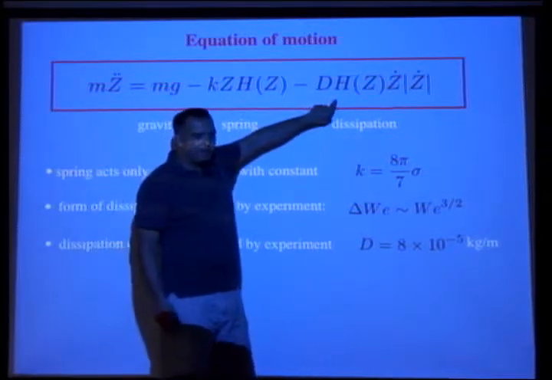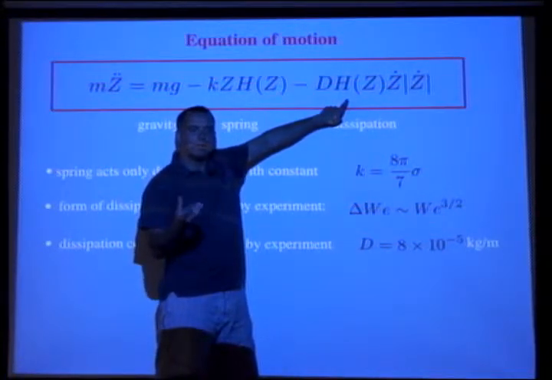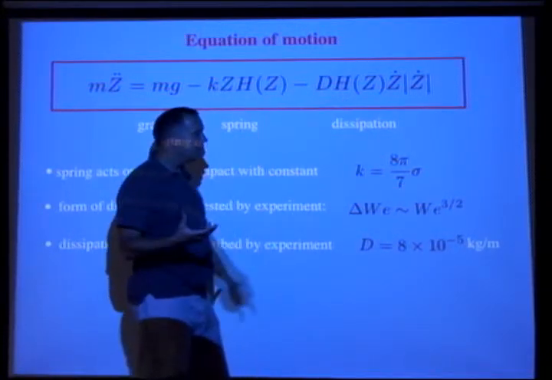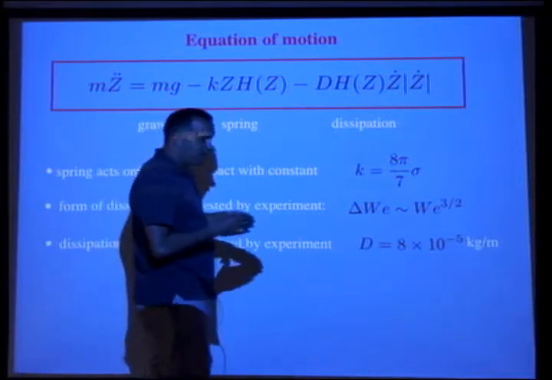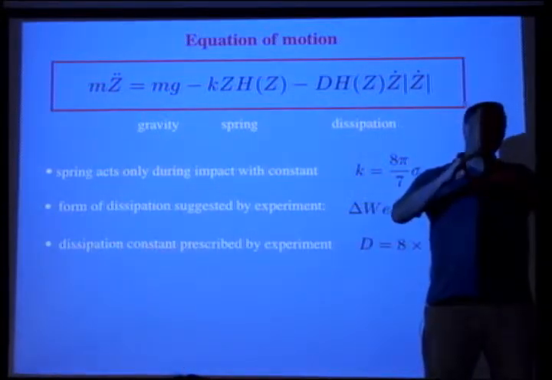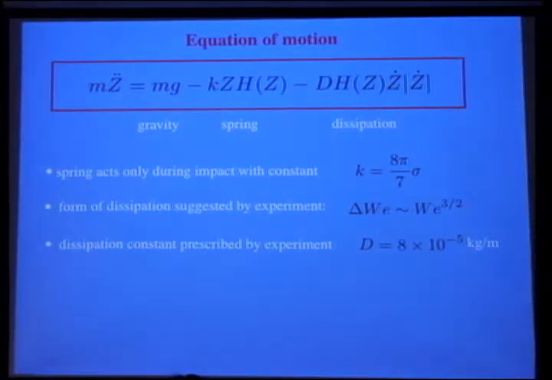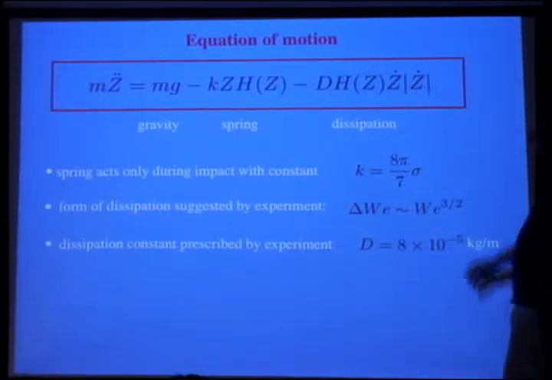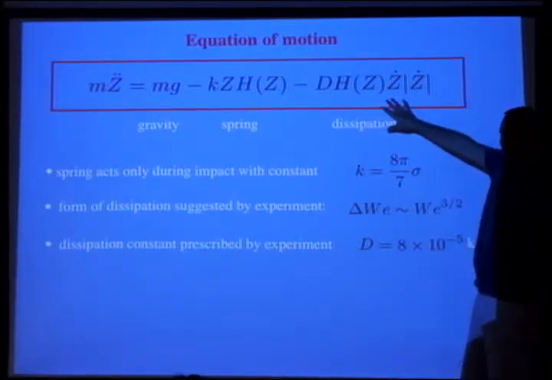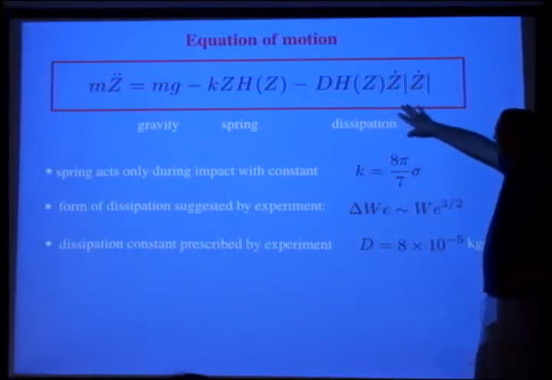Then we have this dissipation term, and we're modeling it so that it too happens while the drop is in contact with the film. In reality, it has to do with the dissipation of the energy generated by the drop oscillation. If you do the scaling, it turns out that that's the biggest source of energy loss. But in any case, we model it this way just for the sake of expedience in terms of the analysis.